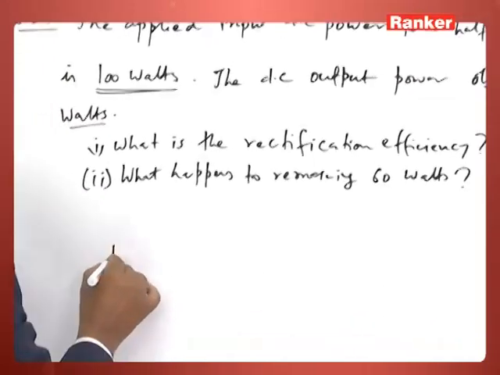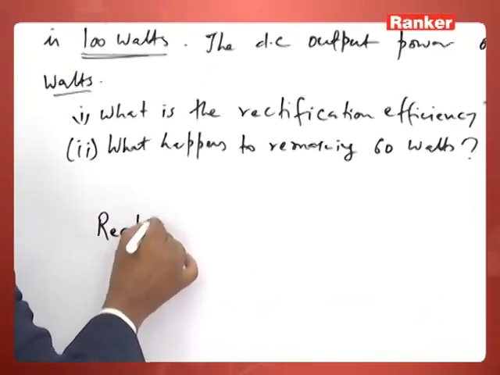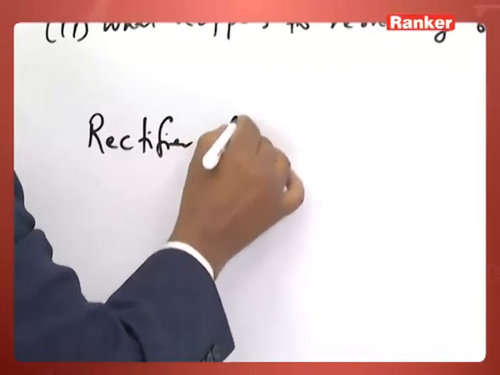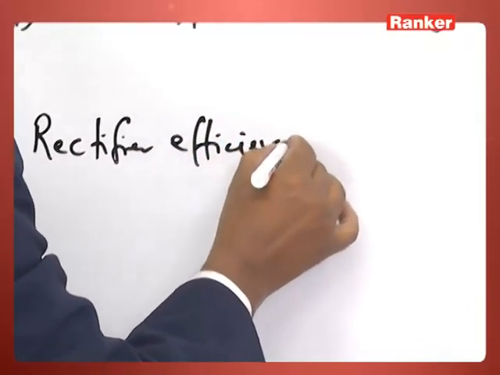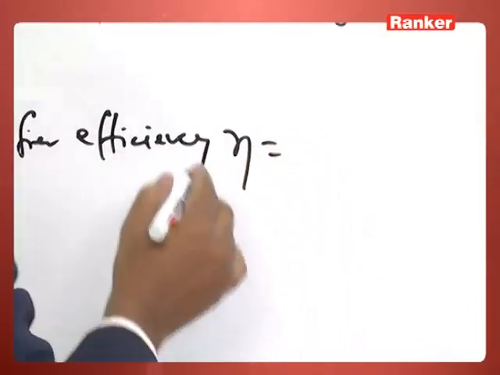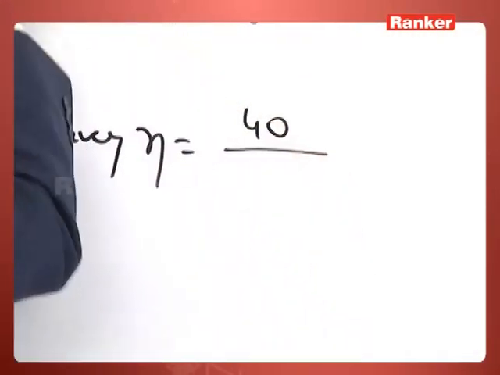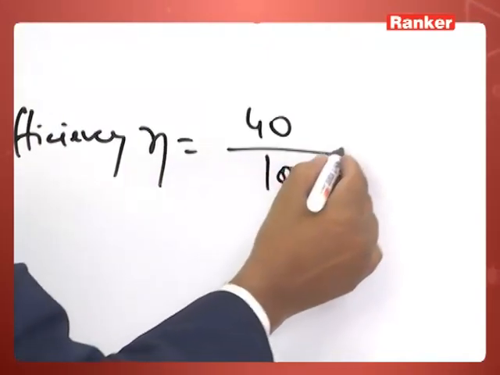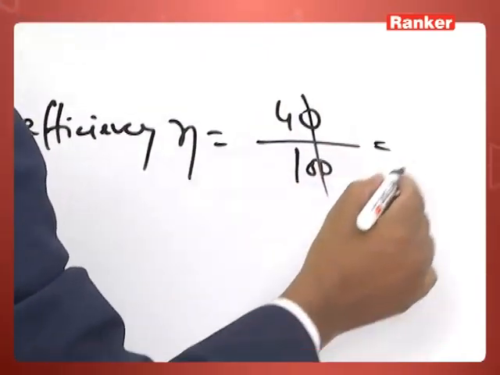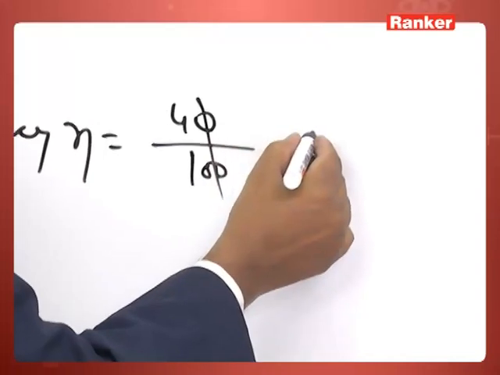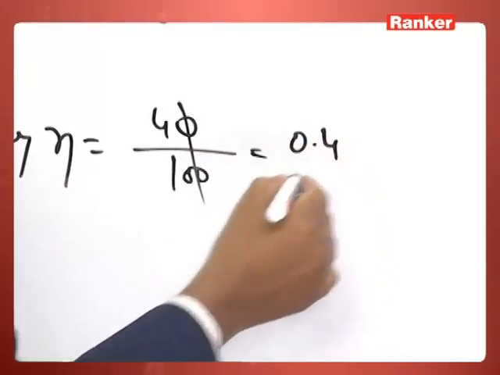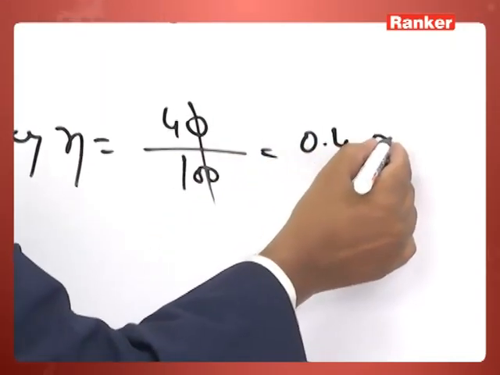So what is the rectifier efficiency? Eta is equal to the DC output power is 40 and 100 watt was the input. So this is 0.4, that is 40%.